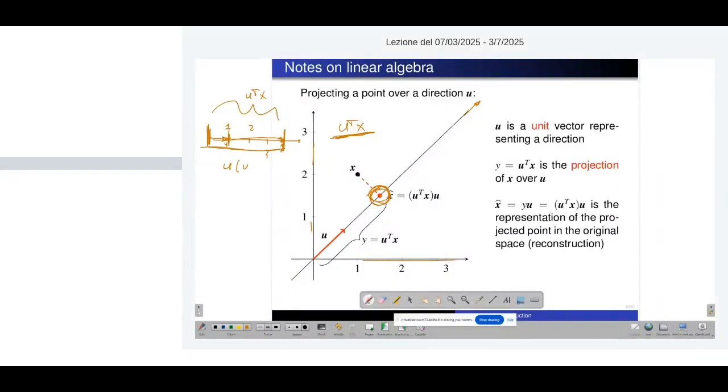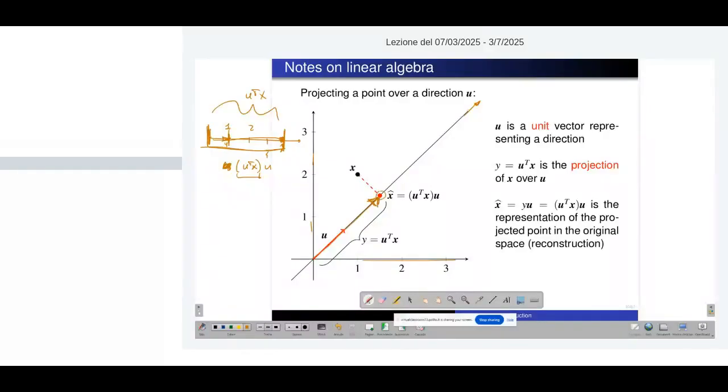So I take u and I multiply by u transpose x, or if you prefer, since this is a scalar, I can write my u on the other side. This corresponds to what? Well, I take my u a number of times as necessary to reach this point. But then what do I have? If I consider the vector as an arrow, I get this arrow.